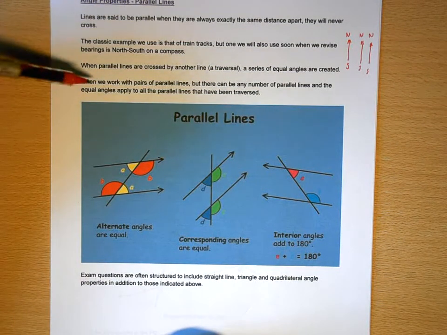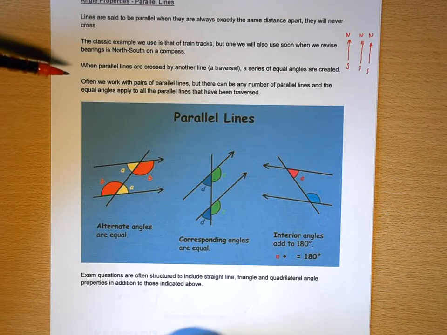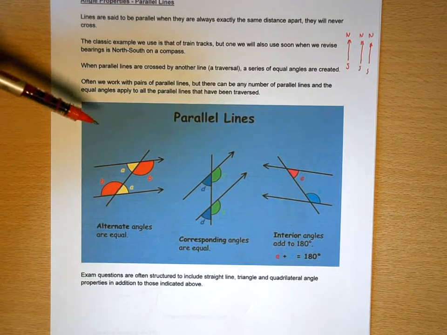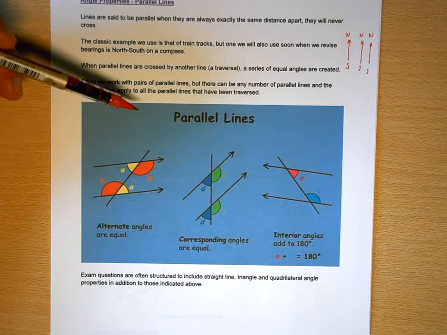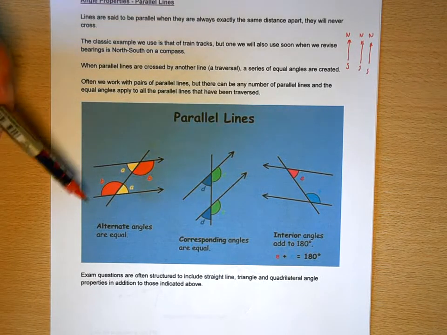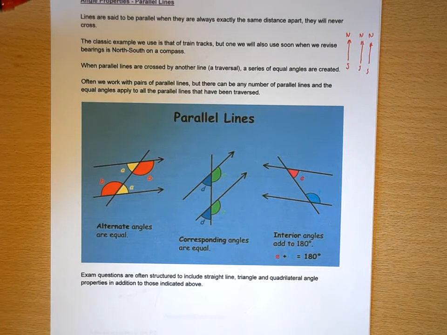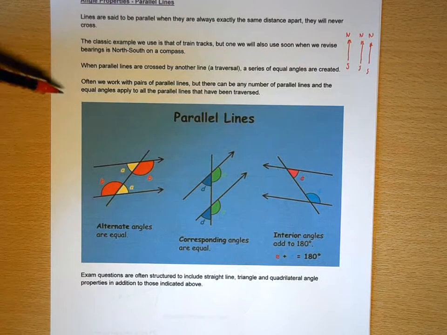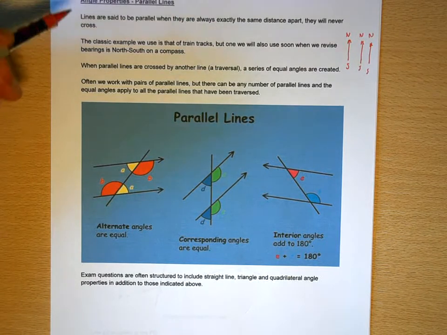More often than not, we work with pairs of parallel lines, but they can be any number, and when we look at the exam questions in a moment, you'll see that quite often you have more than one pair, or more than 2 parallel lines. And the equal angles apply to all of them.